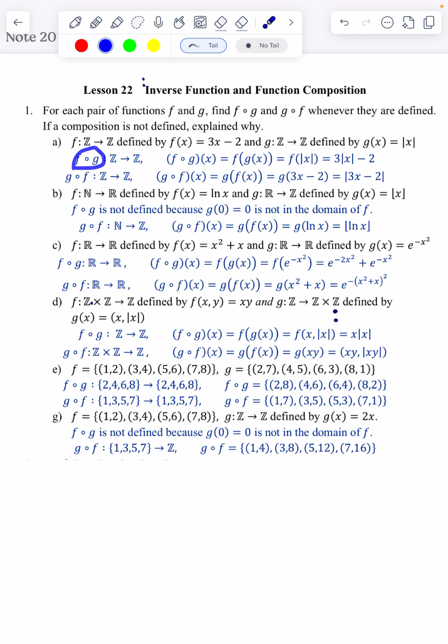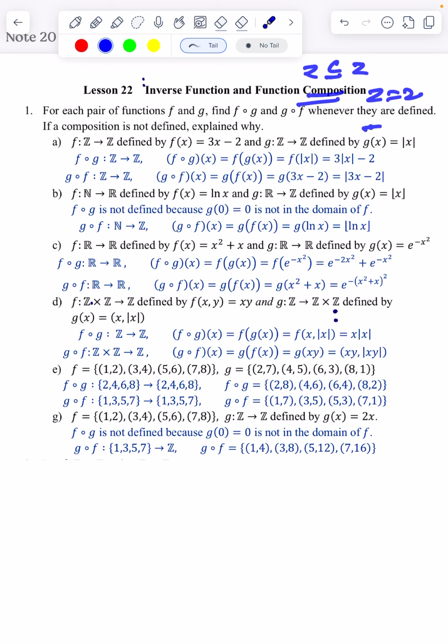So this is the composite function, and I am checking whether it is defined or not. The second function's codomain, what is this one? Z. Then it should belong to, or be the same as, the domain of the first function. So this is the codomain, this is the domain, and they should be the same or a subset.